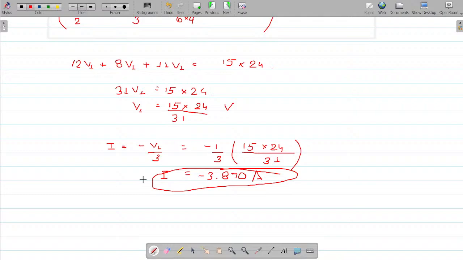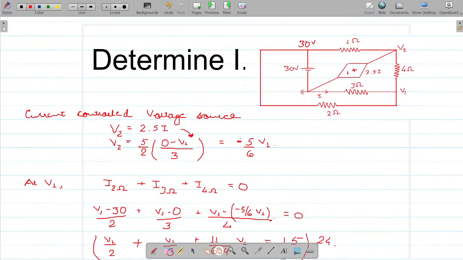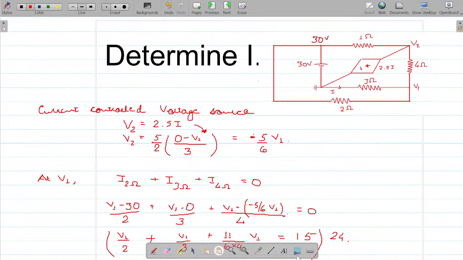I'll repeat just the steps for you in this question, so that next time whenever you encounter any question based on a dependent source, first remember how to identify a dependent source. A dependent source is usually depicted as a rhombus kind of structure.